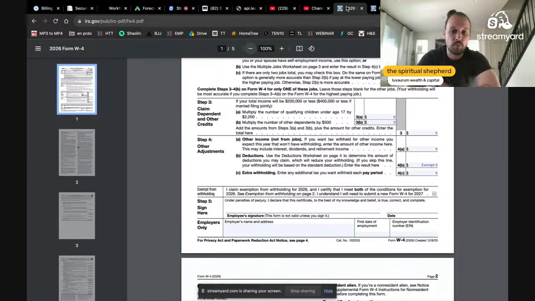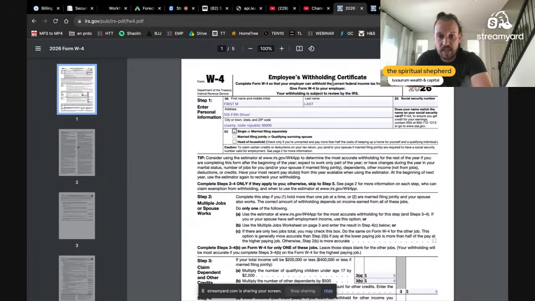So I want you guys to see this. By filling out this W-4 specifically, this is what you will do. Then you can also do other types of filing, and from here it will absolutely change your life.